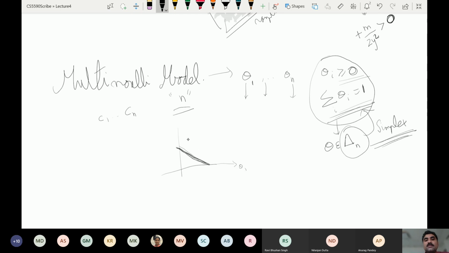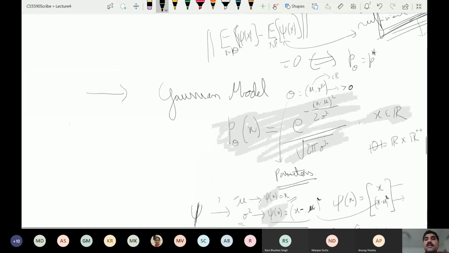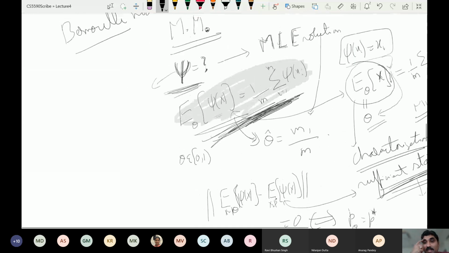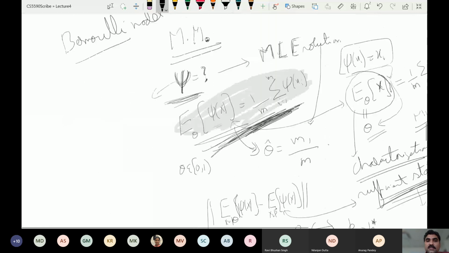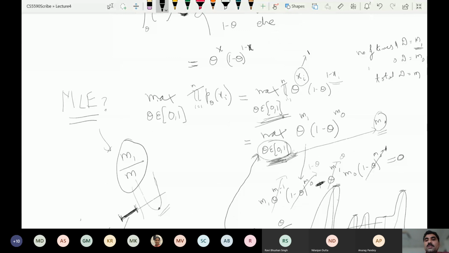Yes. So that is indeed the case, right? In case of n equal to 2, it retrieves Bernoulli, in which case theta was moving in an interval, and an interval is a line segment. So 0 to 1 is an interval, that's a line segment, right?